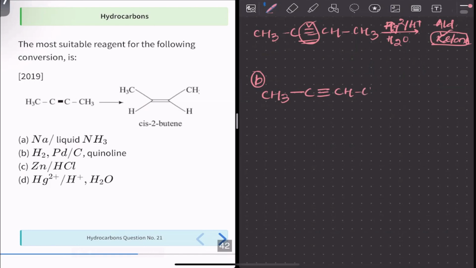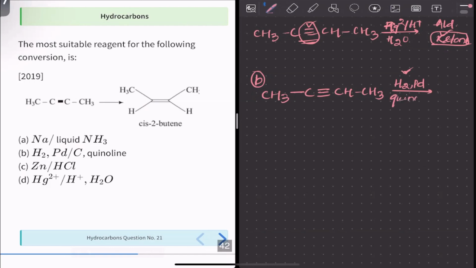C CH3. Let's suppose we write option B halfway, like H2, palladium. Let's write this much only. Then the product will be an alkane. But here it is given that quinoline is added.